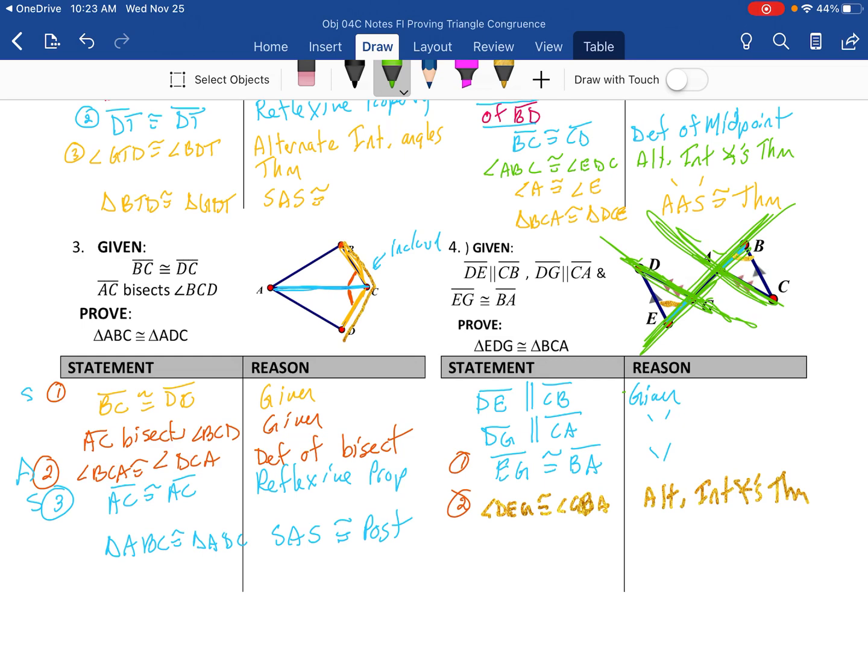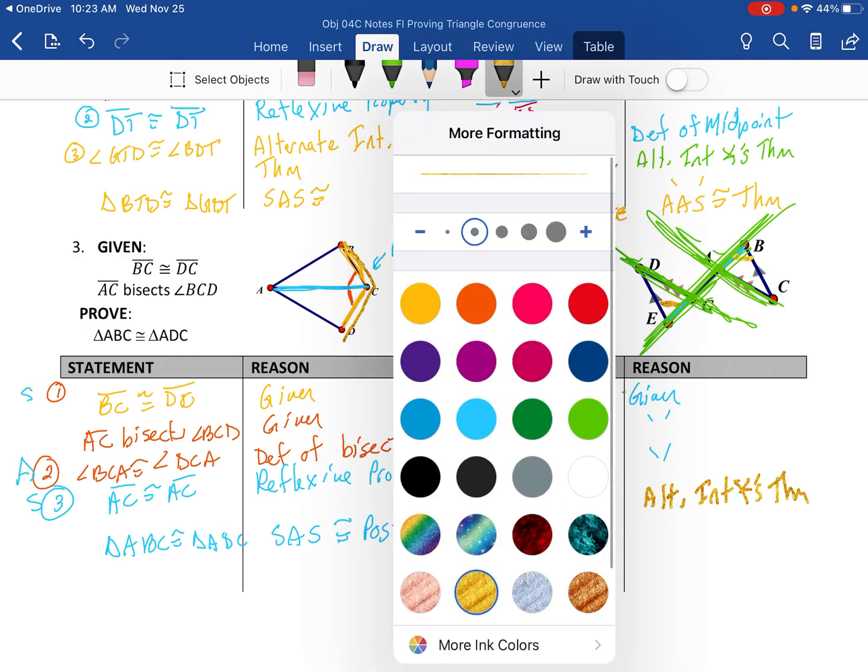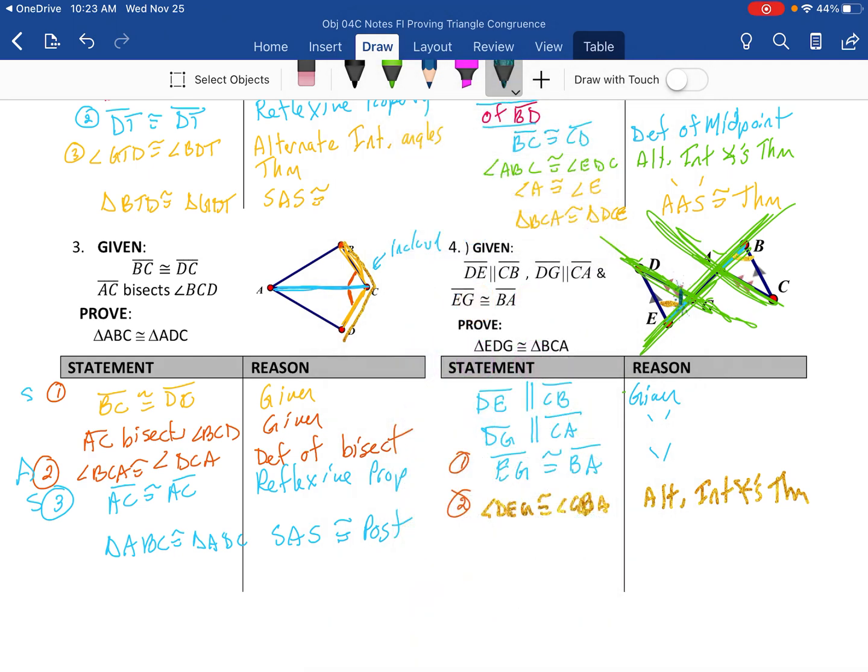But what I notice is that this angle here and this angle here are congruent because they are alternate exterior angles. Just extend your lines. Well, what else could be congruent? These are both inside the triangles. That's the only thing they have in common, and they happen to be alternate exterior.